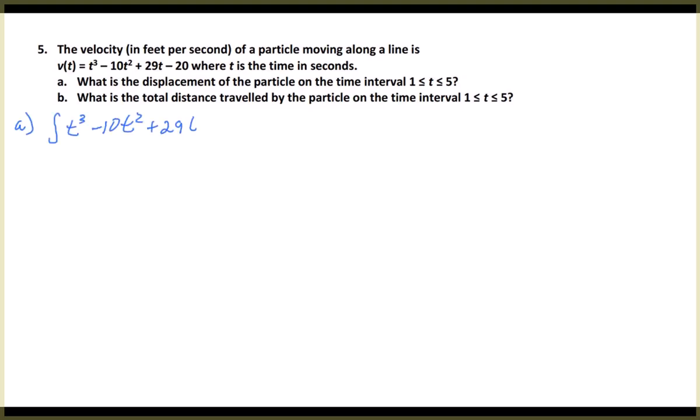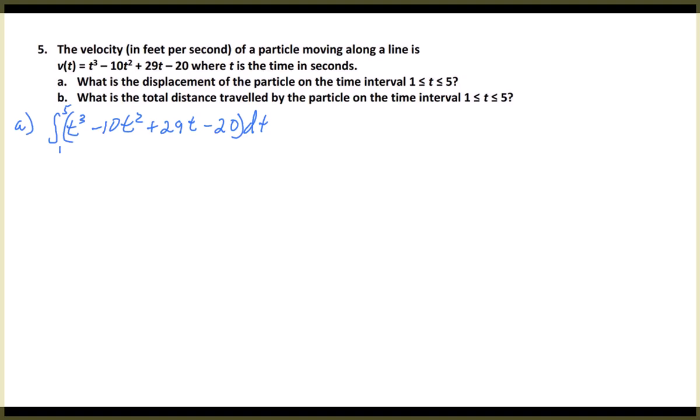So I'm putting my v of t, as it were, in an integral, and I'm integrating from 1 to 5, because that's what it says to do. As t goes from 1 to 5, what are we looking at here? Now remember, we're getting the antiderivative of a velocity. The antiderivative of a velocity is a position.